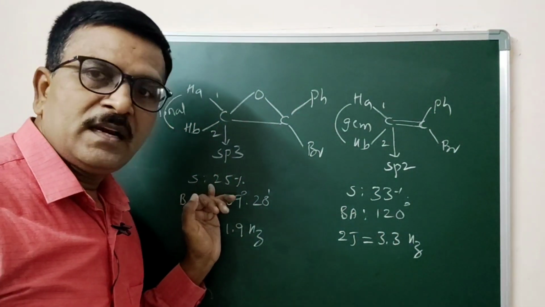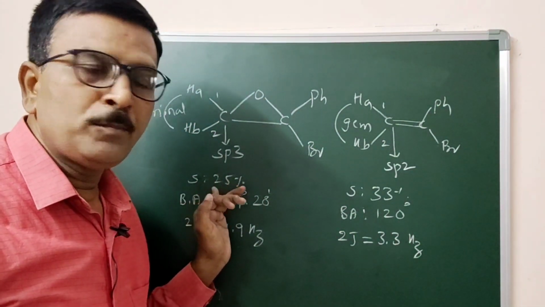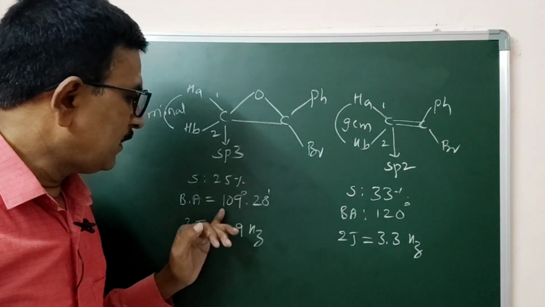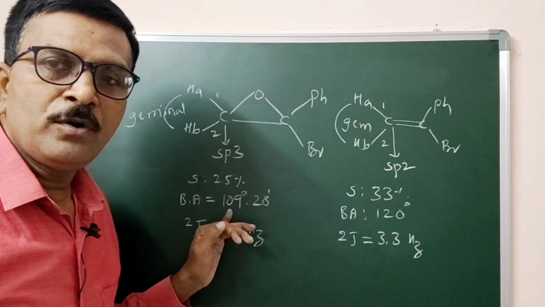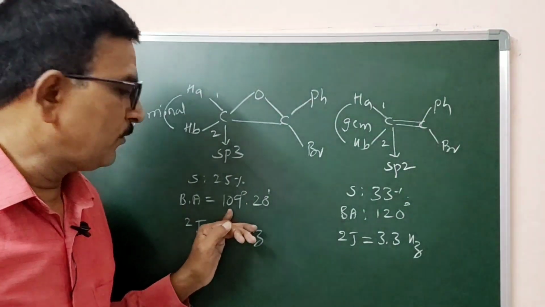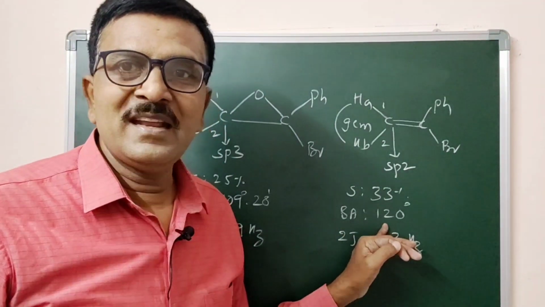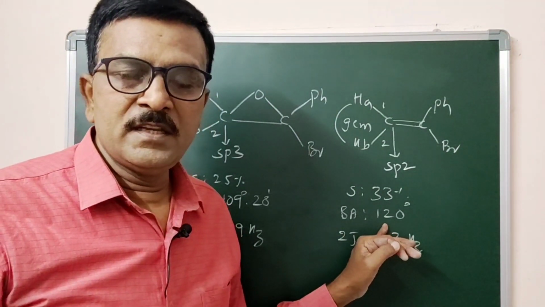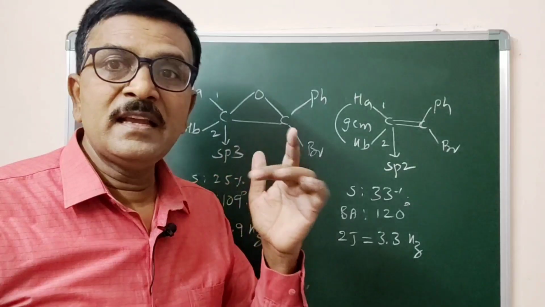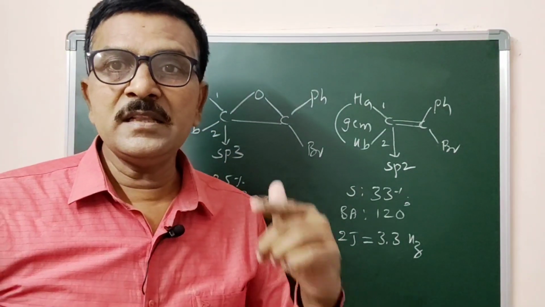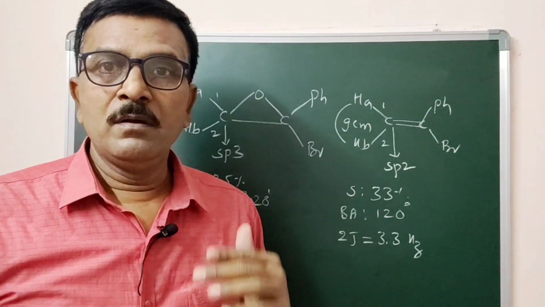The S character in the hybridization increased from 25% to 33%, and the bond angle between the coupled protons also increased from 109 degrees 28 minutes to 120 degrees. Is it clear? So as the S character increases, there is an increase in the geminal coupling constant. What is the reason?